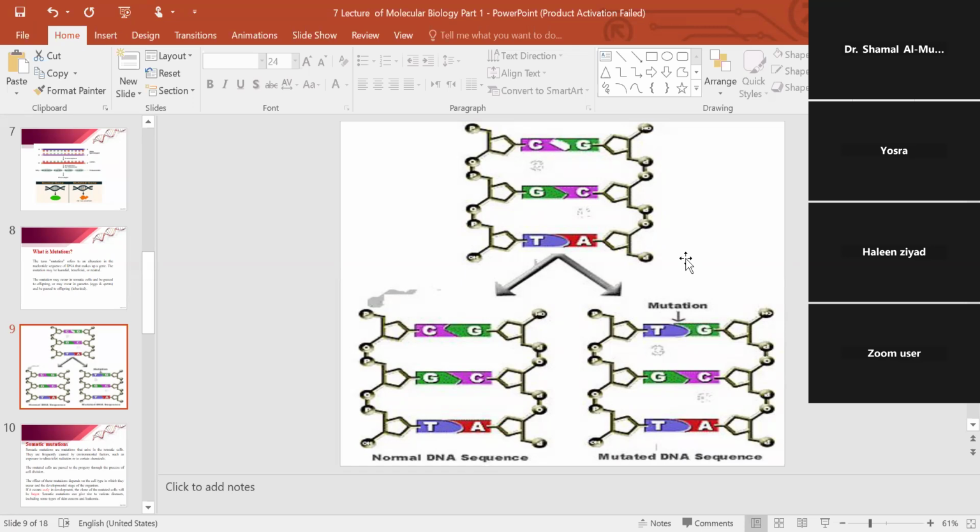And you know that adenine and guanine are purines, a purine ring, and thymine and cytosine are pyrimidines, a pyrimidine ring. Here, this makes the mutation, and consequently it produces a new or unfavorable protein, and this is called a mutation.